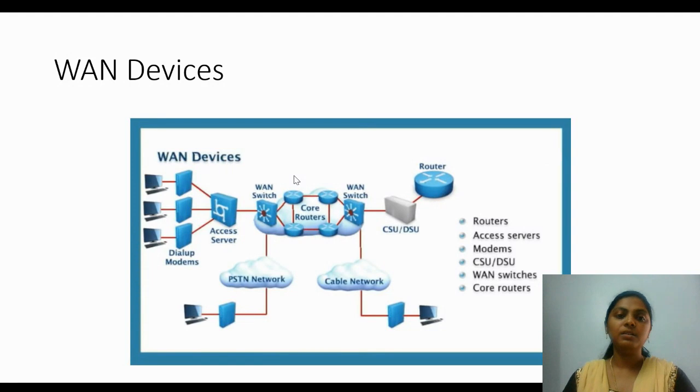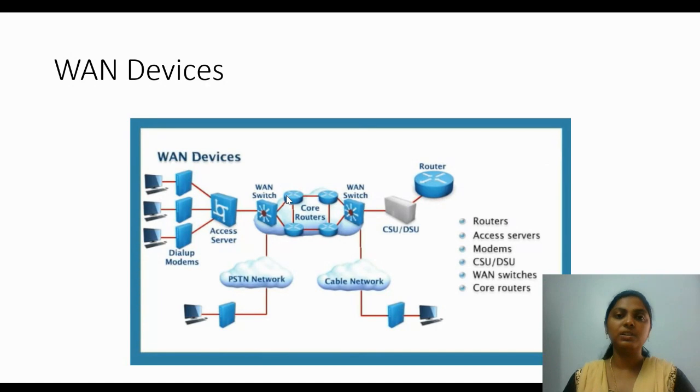One more point about the WAN switch: along with it, a public switched telephone network switch can also be utilized for connectivity between the switched networks. Examples: ISDN, which is Integrated Services Digital Network.